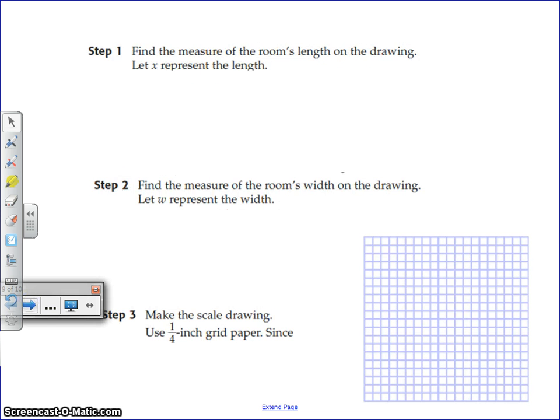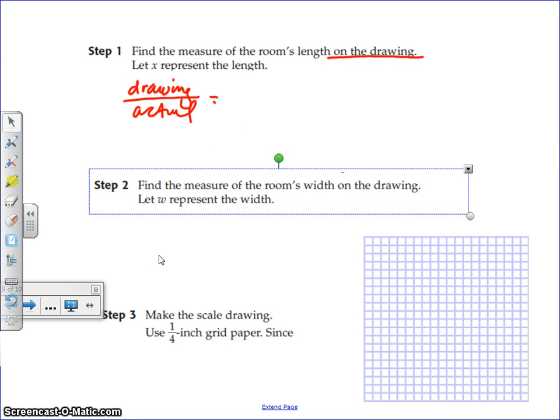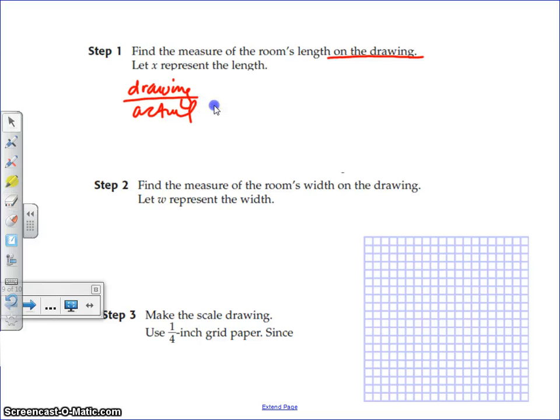All right, so we have to measure the room's length on the drawing. So we want drawing compared to the actual. Okay, so let's let X represent the length. I'm going to go back just a second, so I'm going to repeat myself. Find the measure of the room's length on the drawing.